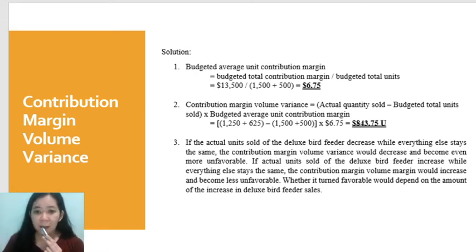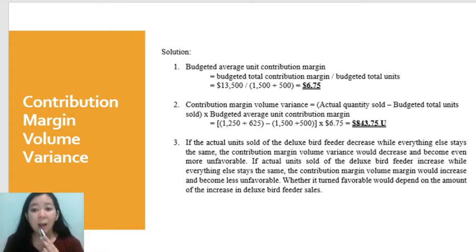Okay, number three, if the actual units sold of the deluxe feather would decrease while everything else stays the same, the CM volume variance would also decrease and become even more unfavorable. Of course, that is expected because our actual units have decreased. So what if actual units sold for the deluxe bird feather will increase?